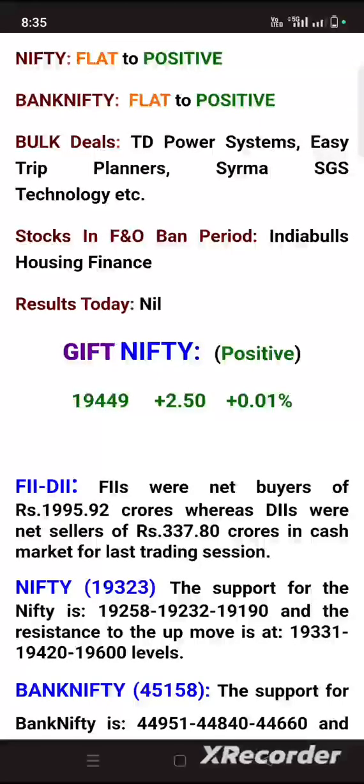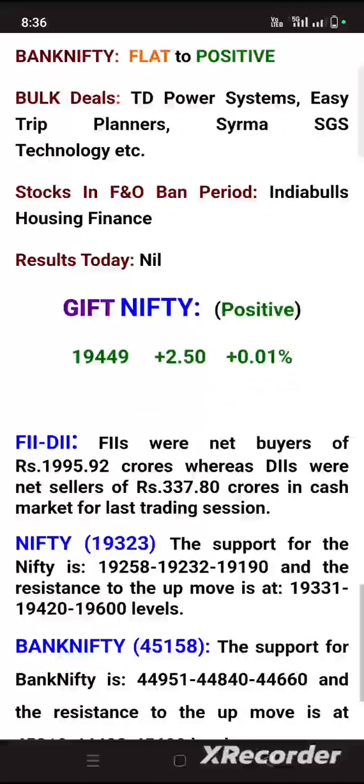It was one of the parameters for Indian traders. Before the market opens, we used to refer to the SGX Nifty index. Gift Nifty slightly follows the same pattern as SGX Nifty earlier.